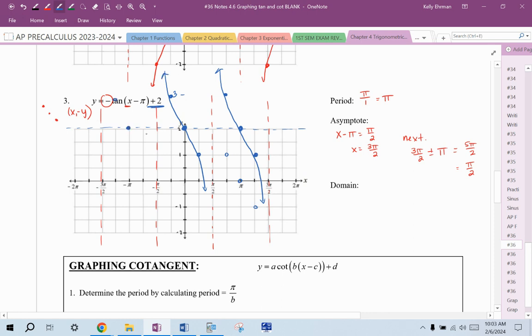Same thing with all these others. And last one, we've got that. Notice the concavity changed too. Concavity change is concave down on the right, concave up on the left when you reflect. And the last one I can fit in here is up here.